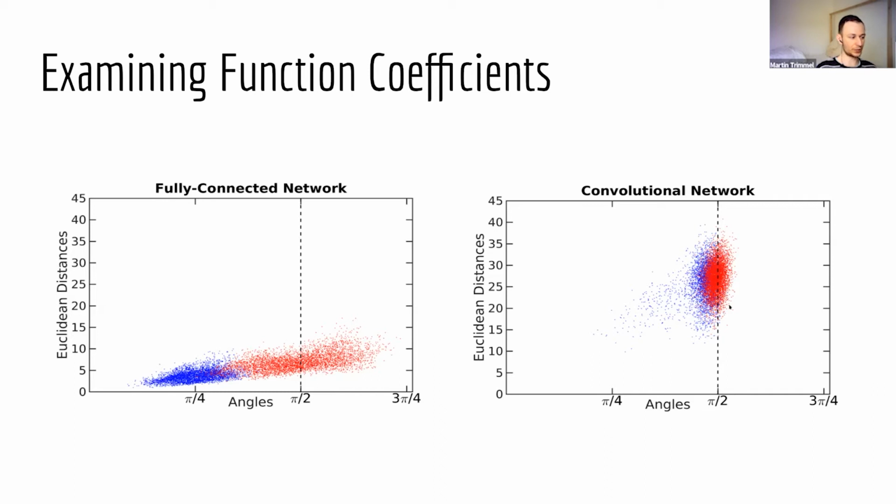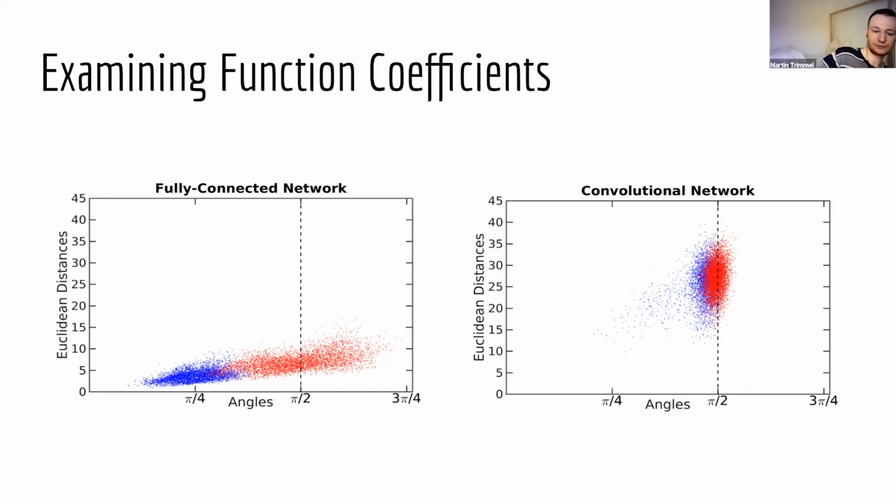So each point that you can see here corresponds to one test sample. And we differentiate between test points that get correctly classified by the extracted function and those that were incorrectly classified. The correctly classified ones are in blue, and the incorrectly classified ones are in red.